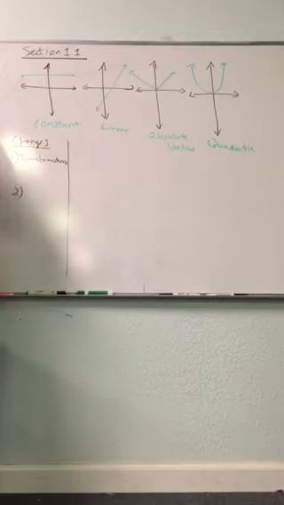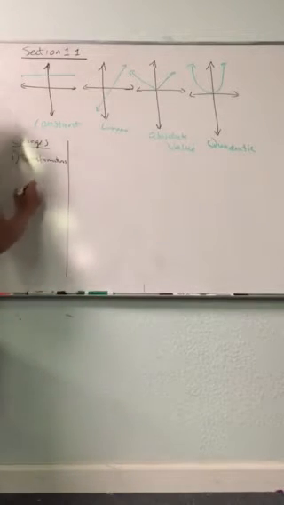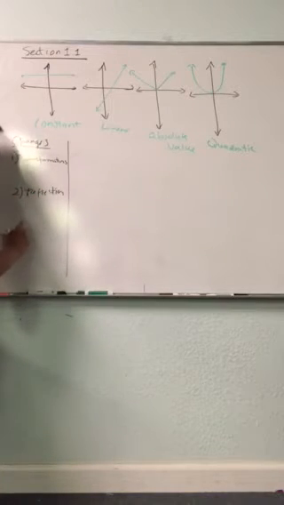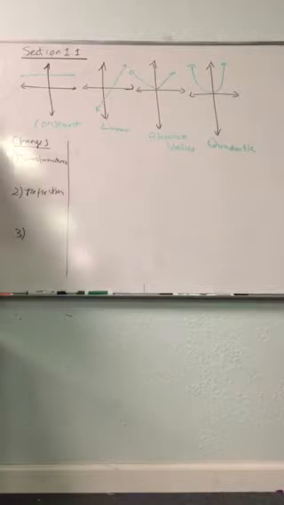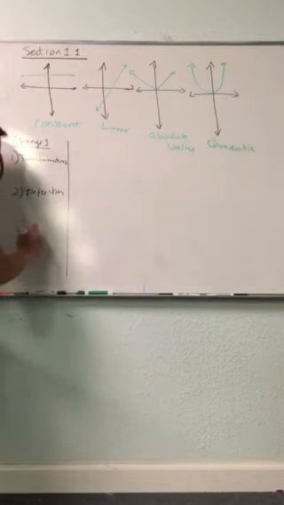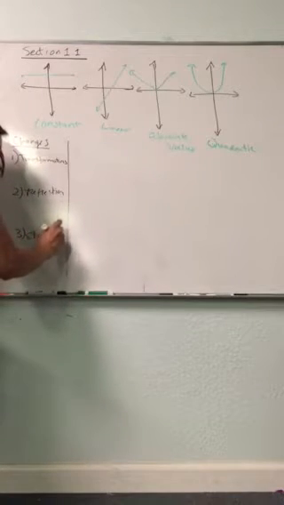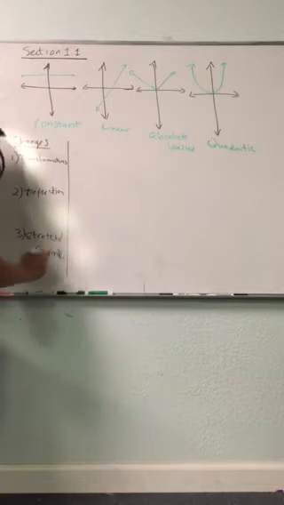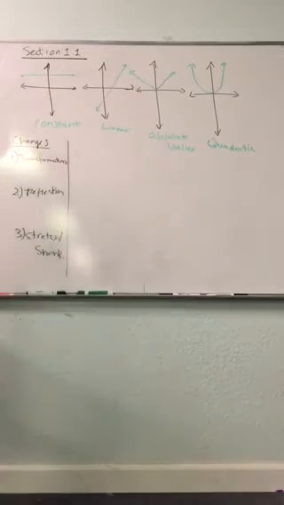Another change can be a reflection. And the third kind of change or alteration that a graph can have within the family is a stretch or shrink. So these are the most common changes that alter different graphs within the same family.